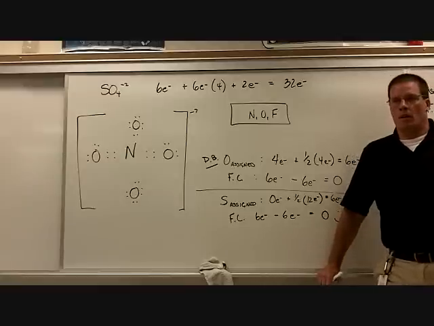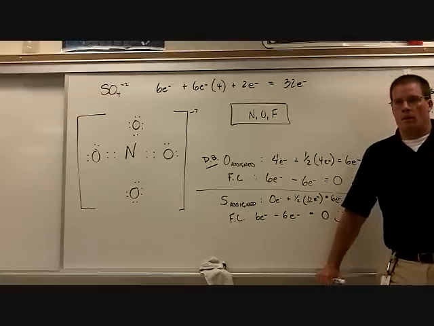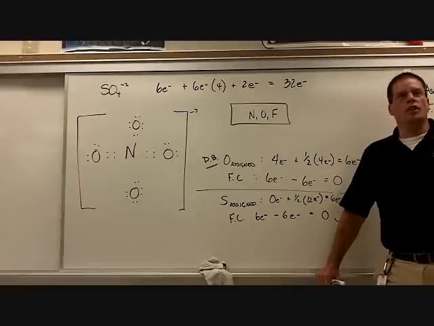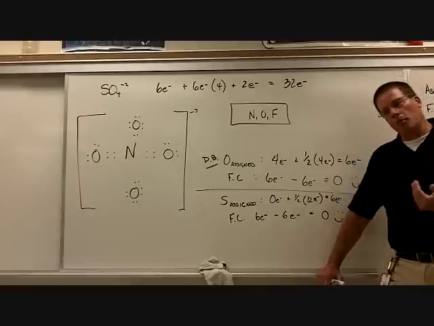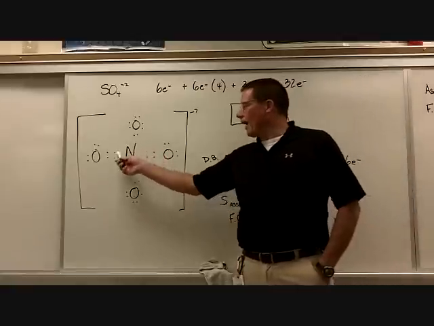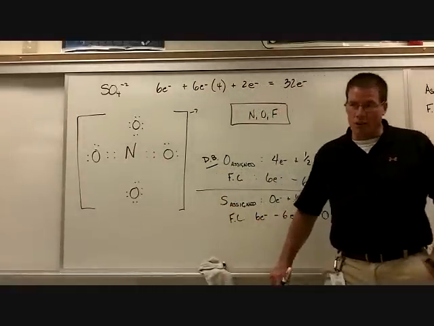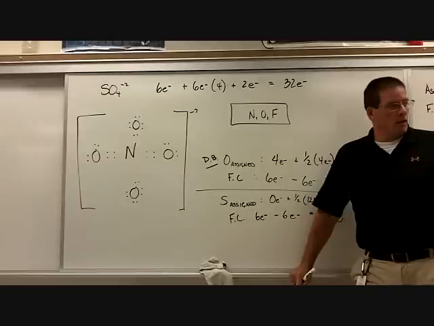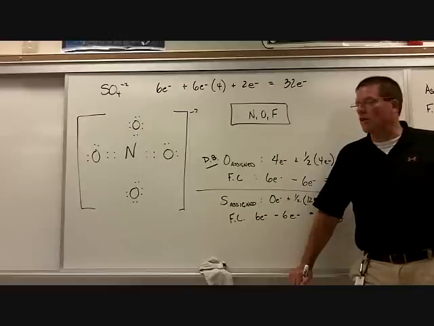Does it have something to do with the atomic radius? Let's back up the wagon just a little bit. What does sulfur have access to that nitrogen doesn't? Another electron level. Another energy level. Which has what kind of orbitals? D orbitals. Very good.